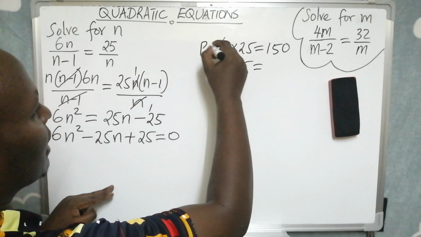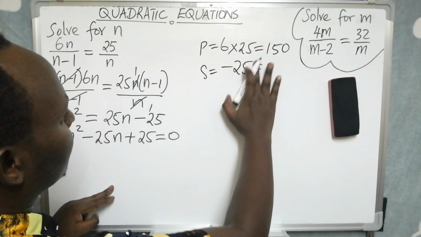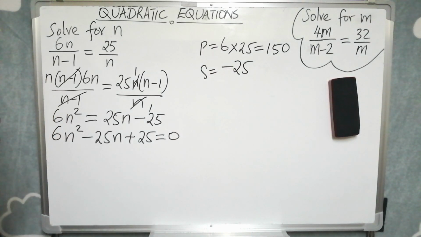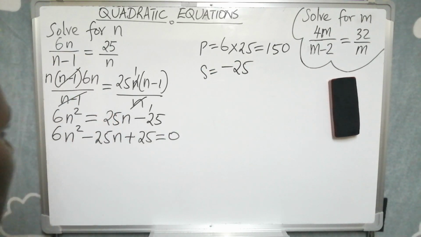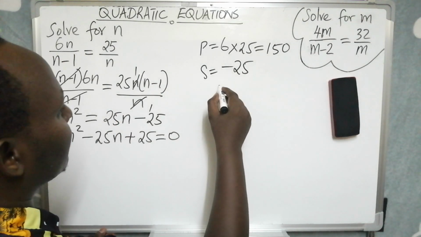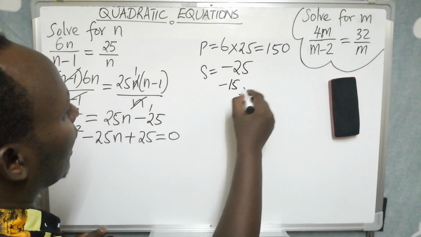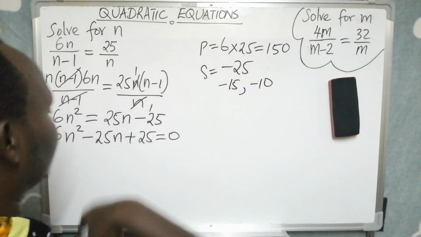This is our product and this is our sum. So we need to look for two numbers whose sum is negative 25 and product is 150. And those numbers are negative 15 and negative 10.